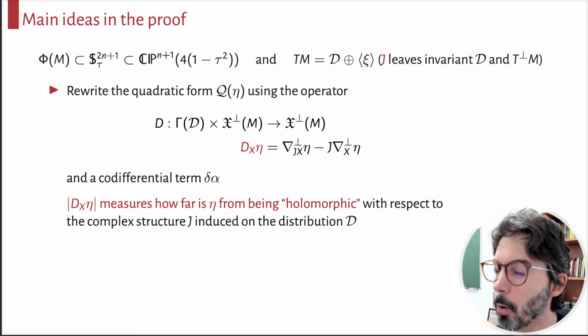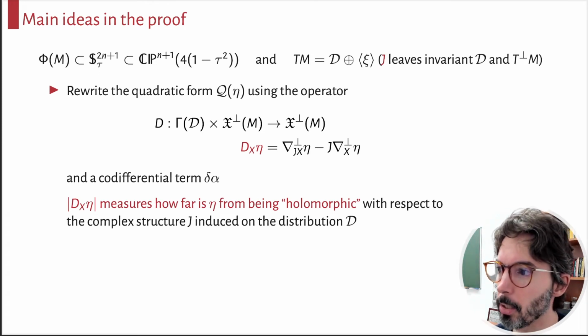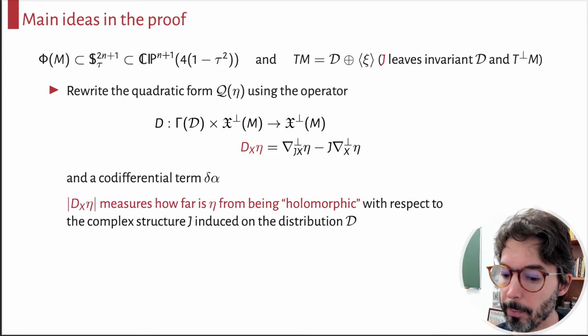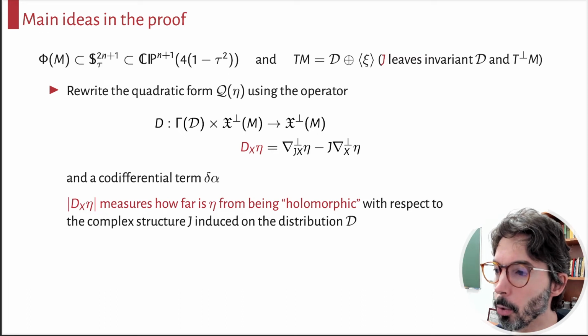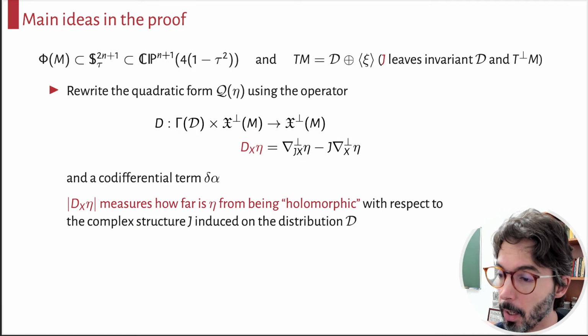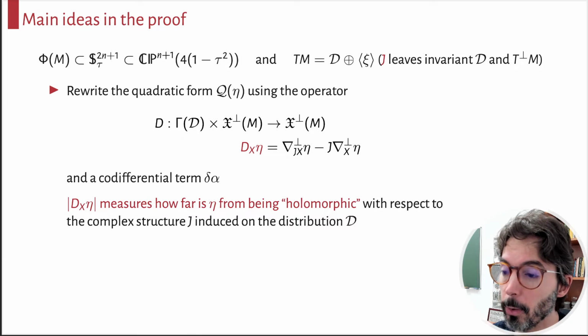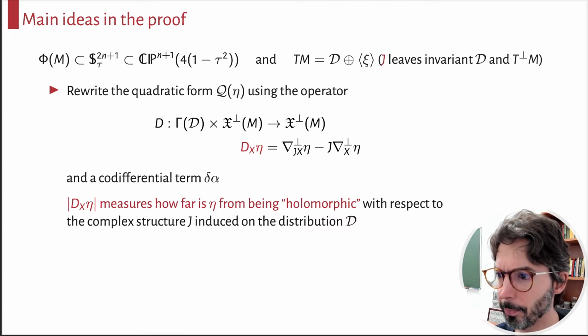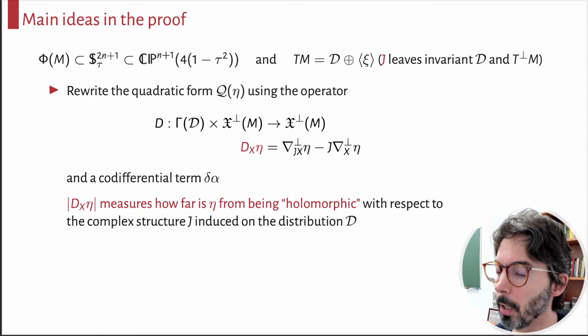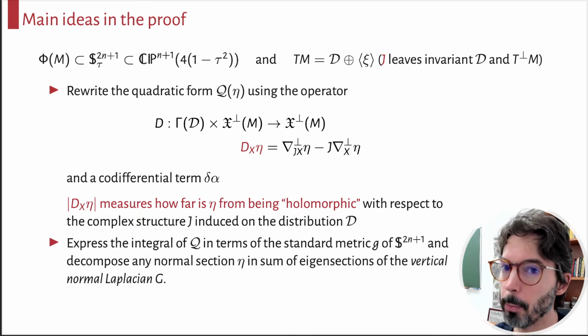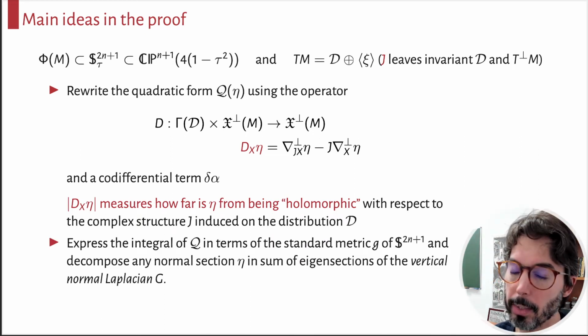Okay, now the first step is to rewrite the quadratic form Q over a normal section eta using the operator D. D just measures how far our normal vector field is from being holomorphic with respect to the complex structure J induced in the tangent distribution D. Then we can express the integral of Q in terms of the standard metric.